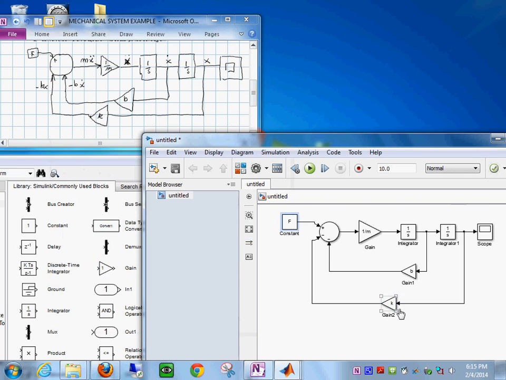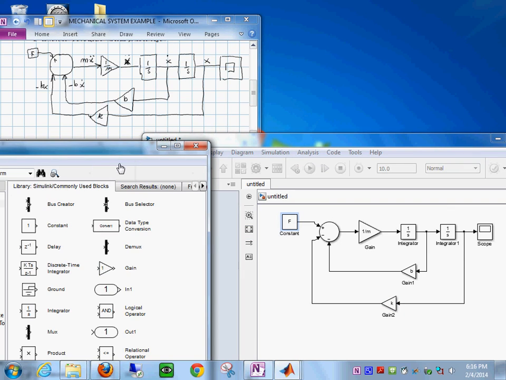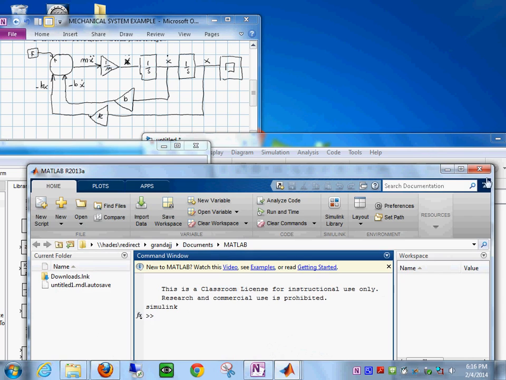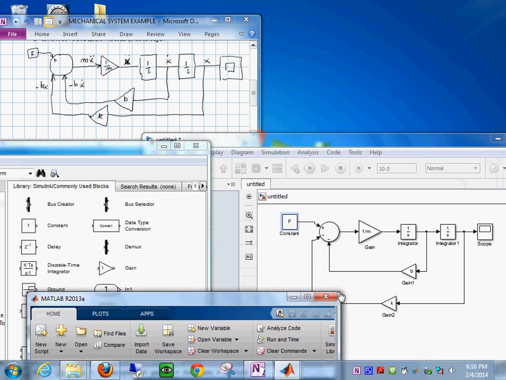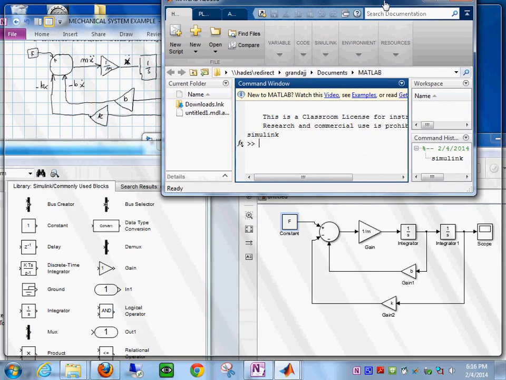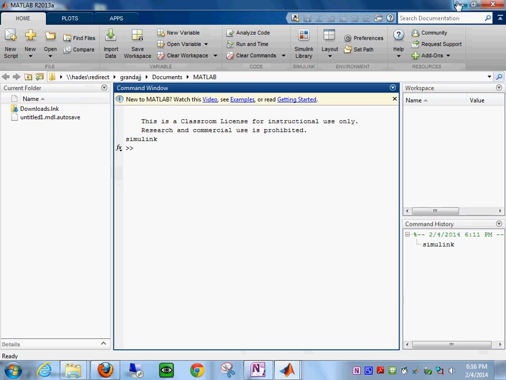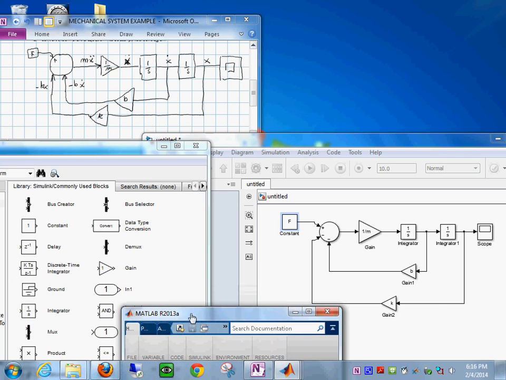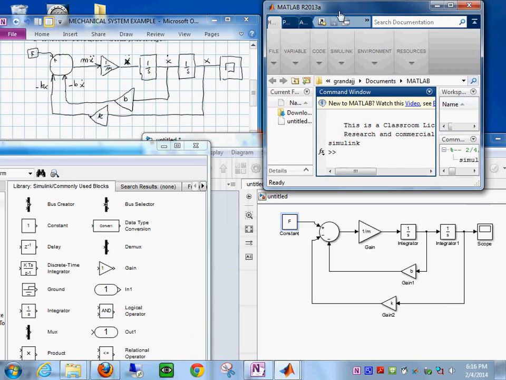Now this graph is not going to run unless I give it some numbers. So I am going to bring up the MATLAB window, this prompt here, and show you that. Perhaps I'll bring it up in this corner. I am going to give the values.